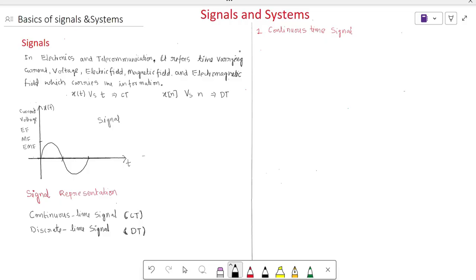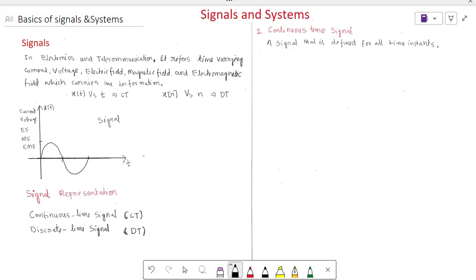So by definition, a signal that is defined for all time instants.